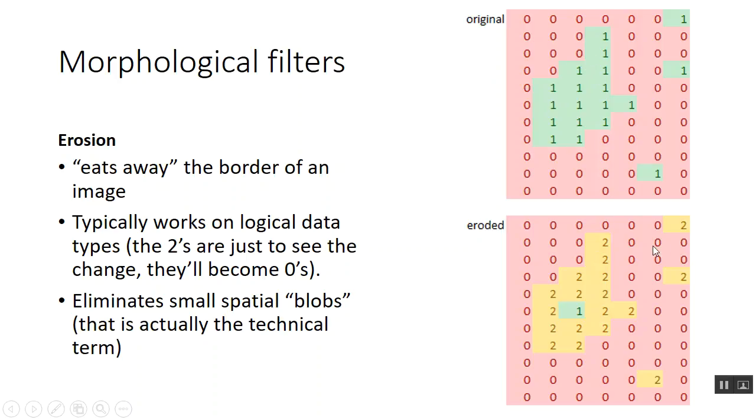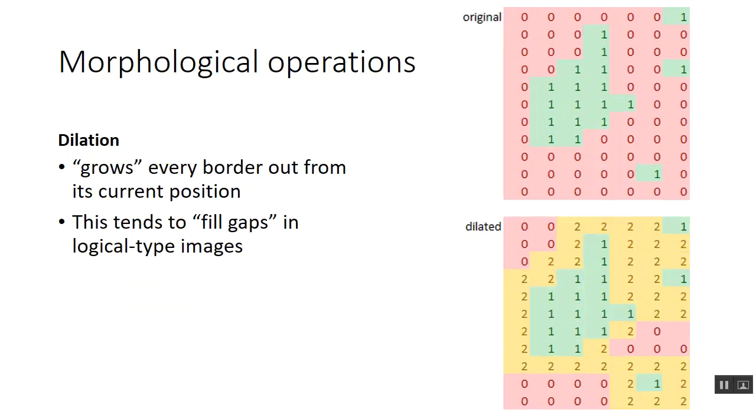So here you can see all the twos. I showed you the twos because that's what's going to change into a zero. Okay, so it eliminated all these little guys, and it took the one back down all to itself. And that's called erosion. Okay, dilation is the opposite.